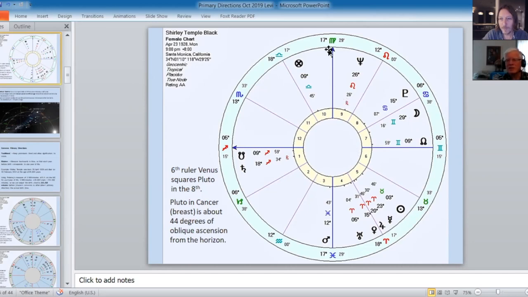I mean, this actually might be the breast cancer, more when the midheaven reaches Pluto, because that looks more like about 45 degrees to me. Yes. Okay, so it doesn't have to be death. It could be a serious life-threatening illness also. But the point is, with primaries, the symbolism is going to be there, and it's going to be fairly close in time, usually within months.